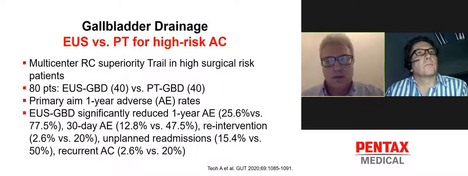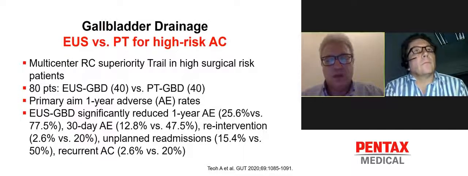In this case, to have a 4 millimeter working channel can be a plus, because the catheter of the hot Axios is 10.5 French, so it's a pretty big device for a channel of the echo endoscope. Or you can also use a 15 millimeter stent if the gallbladder is really big.